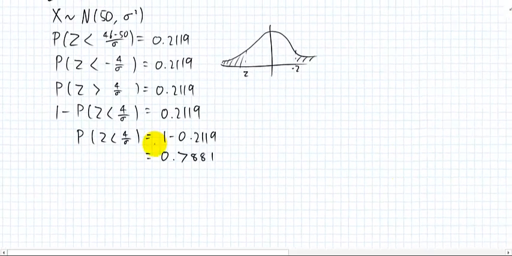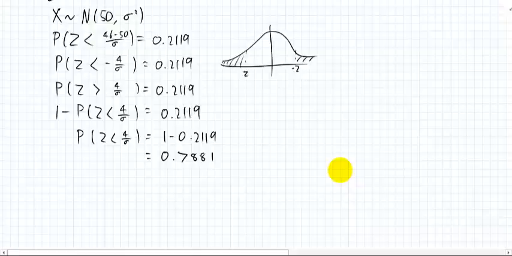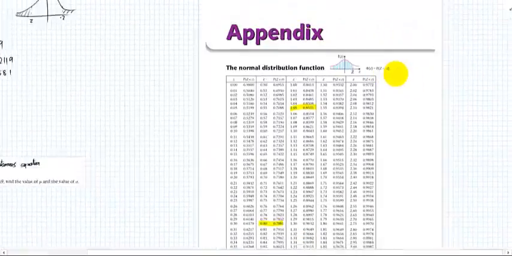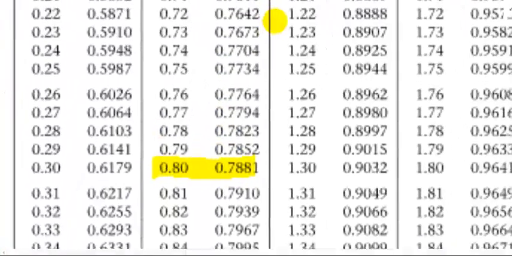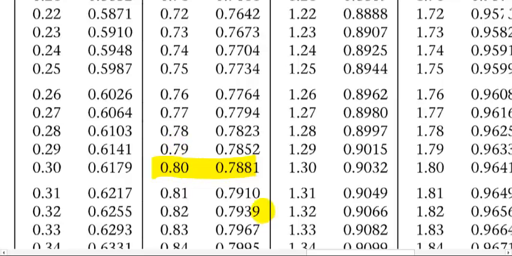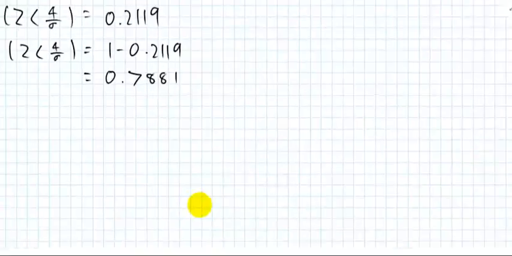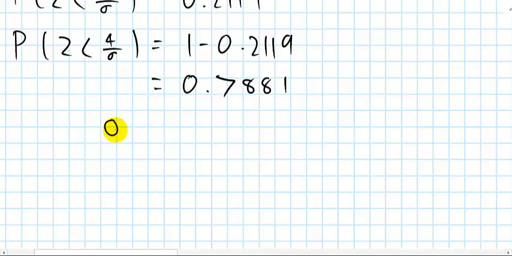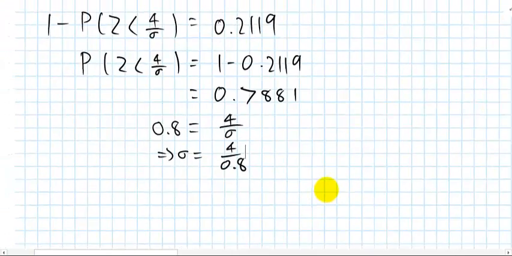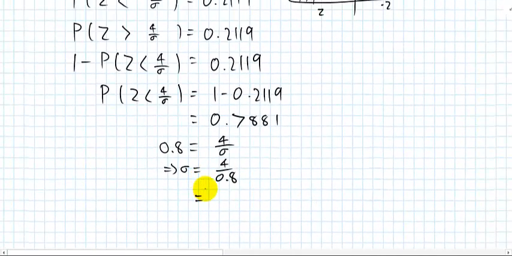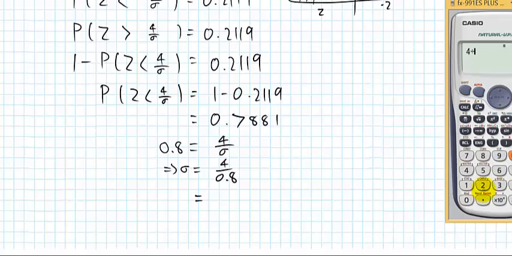We can now look this up on the big probability table, 0.7881, and we find that the corresponding z value is 0.8. So 0.8 is equal to 4 over sigma, which means that sigma is equal to 4 over 0.8, and this is equal to 5.